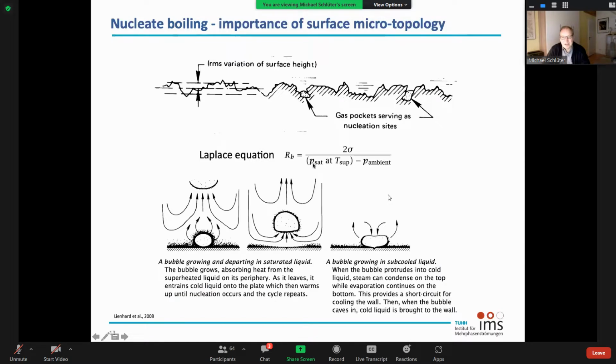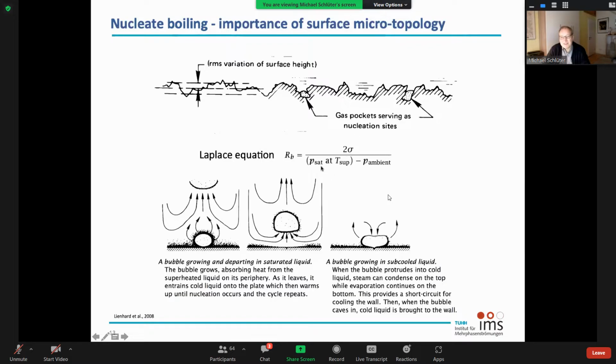And we have the radius of the bubble. This is here R_B, the radius of the vapor bubble. And here we have 2 multiplied by the surface tension. We had the equation before in a slightly different arrangement: delta P is 2 sigma divided by R, you might remember. But now we are interested in R_B, because this is the size of our vapor bubble. And now let's see what's going on. This means that the surface tension is more or less constant for our vapor bubble.